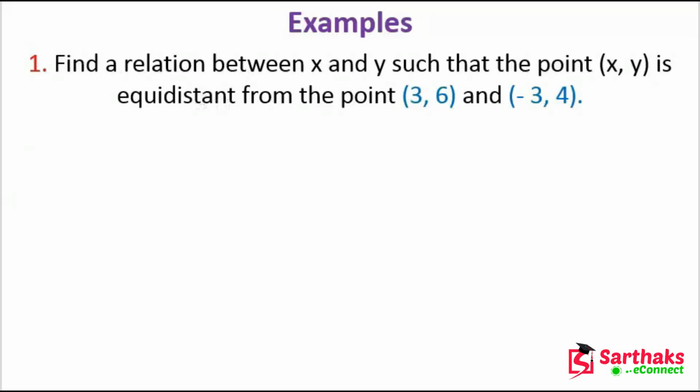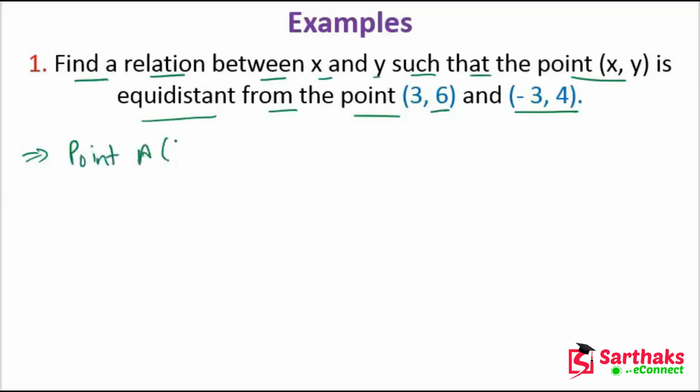Our question number 1 is: find a relation between x and y such that the point (x, y) is equidistant from the points (3, 6) and (-3, 4). The question is saying that we have a point, let's suppose A, which is (x, y).